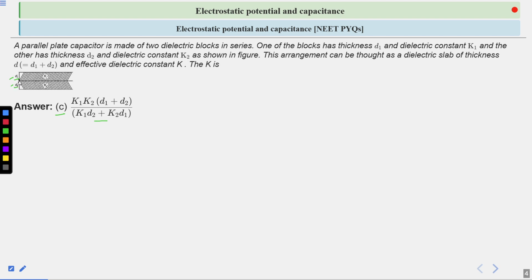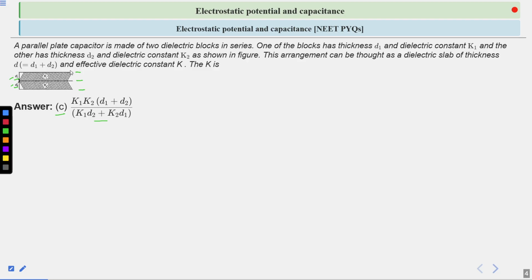Now we can assume this one dielectric as one capacitor and this second dielectric as a second capacitor.